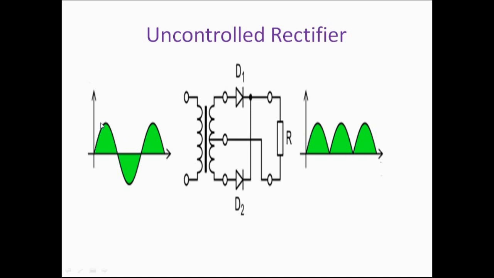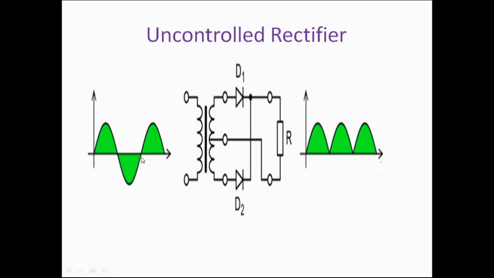What is the DC value of this supply? See, if you integrate these waveforms from 0 to 2 pi, why I am integrating from 0 to 2 pi means, whenever we want to calculate the average value of any waveforms, if it is a periodic waveform, the period of this waveform is from 0 to 2 pi.